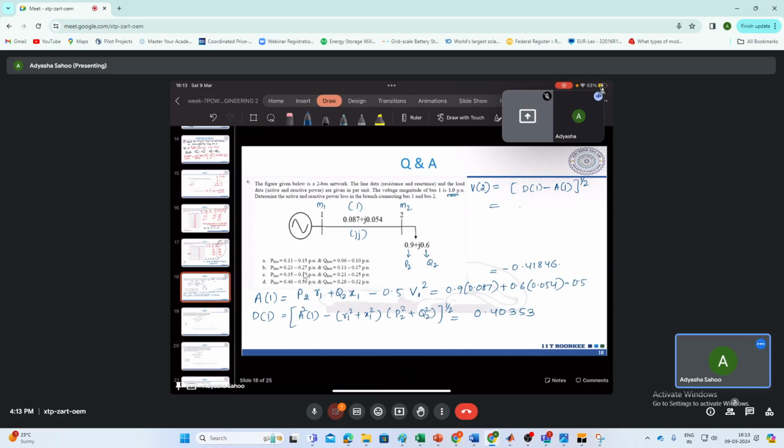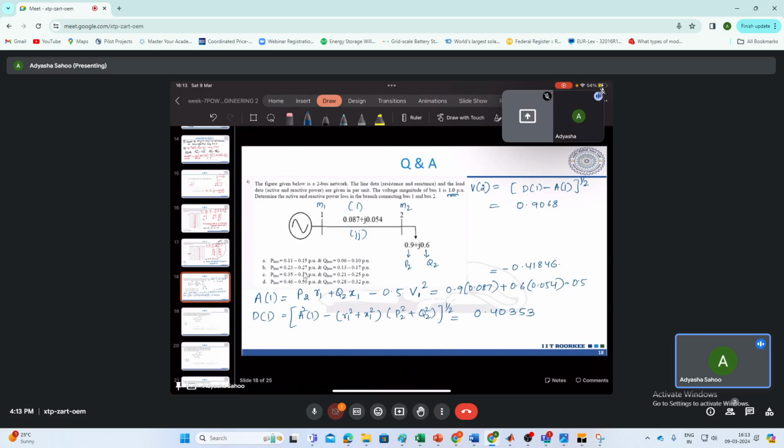D1 is 0.40353 plus 0.41846. So that is mostly 0.9068. It is not matching with the answer.